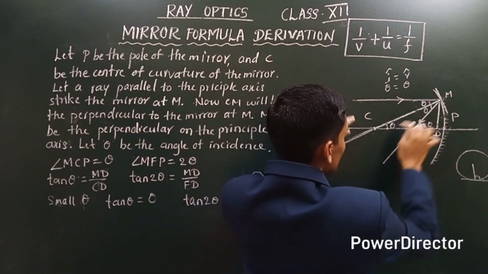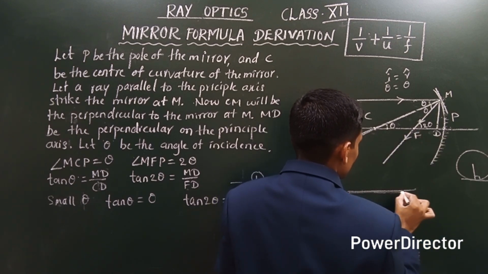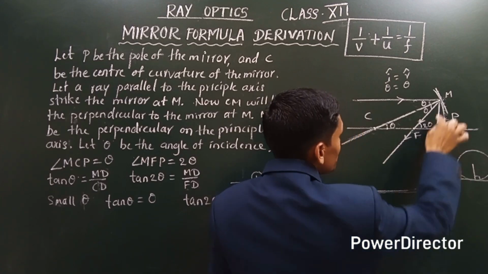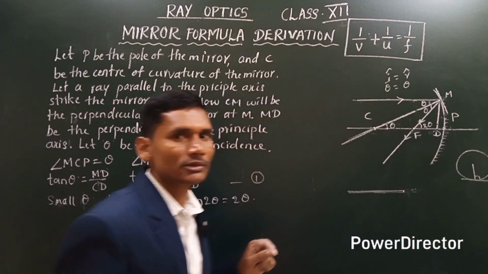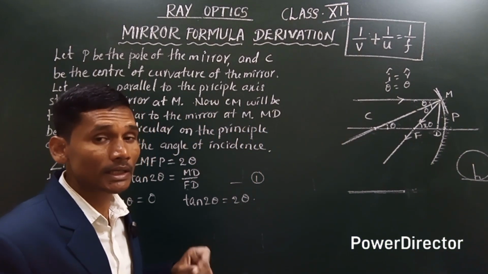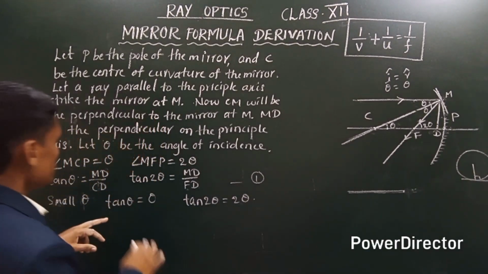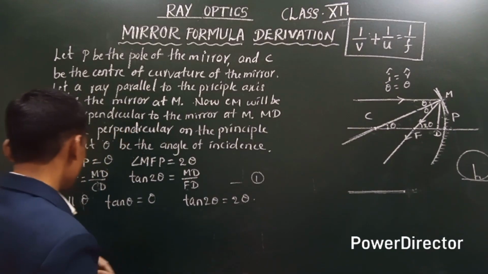This line has to be very close to the principal axis, almost just beside each other. Like this, it has to come, right? Then this height will be almost equal to 0. It reduces to 0, close to 0 we can say. So because of that, tan theta becomes theta, tan 2 theta becomes 2 theta, right?